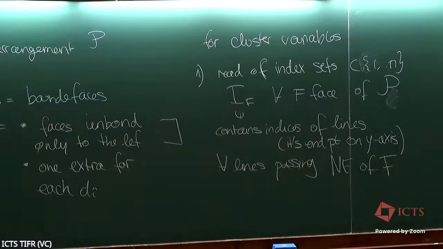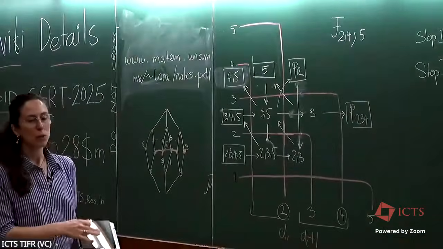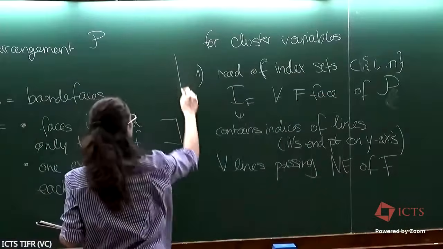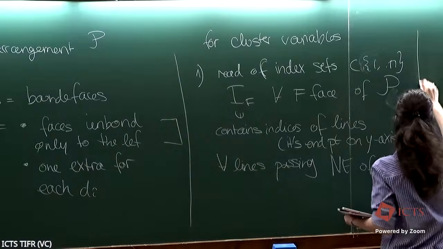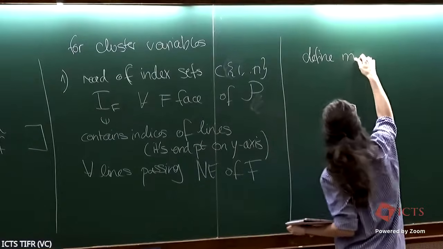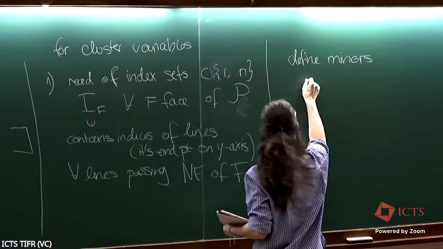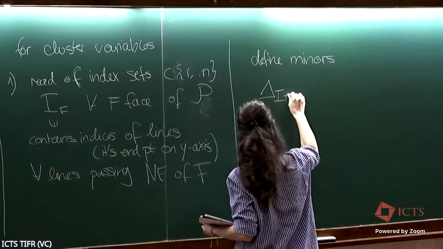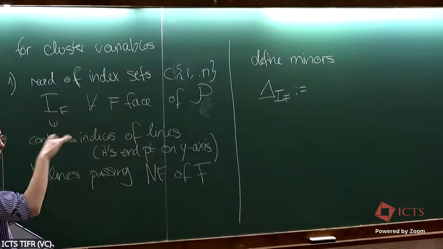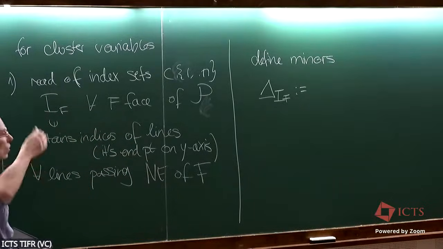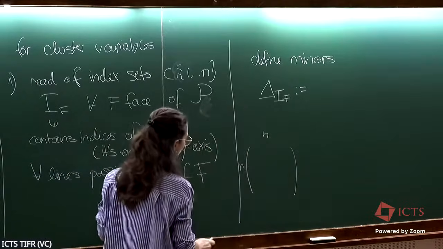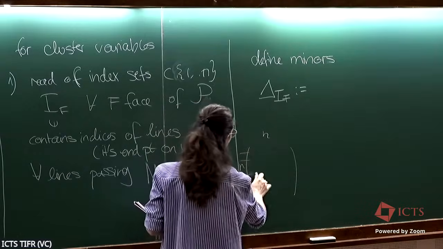Okay, now these index sets correspond to minors, but they're not yet the cluster variables. So these index sets, we will define minors associated to them. And it will be minors that have this index set as the rows. And for columns, so we're thinking here of minors of an n times n matrix. And the index set will index me a collection of rows.